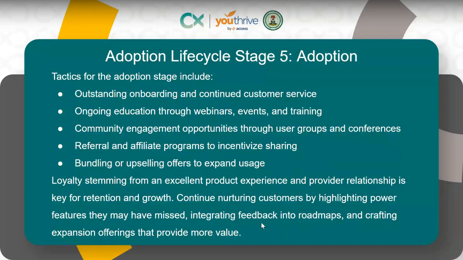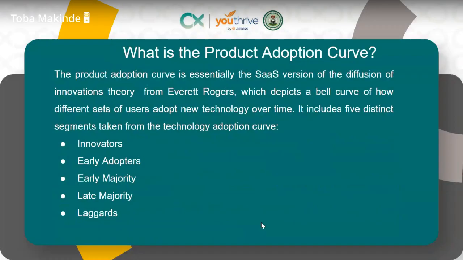So this is literally just continuing to nurture your customers by highlighting power features that they may have missed, integrating feedback into your roadmap, and crafting expansion offerings that provide more value. So here, your aim is to just keep providing more value to your customers and having them come back. All right. So that's what that entails in terms of the product adoption lifecycle.